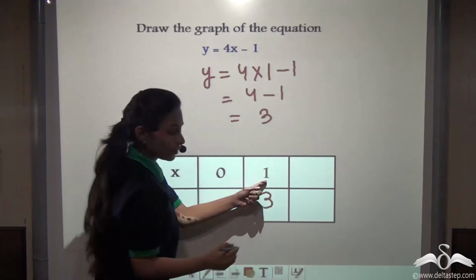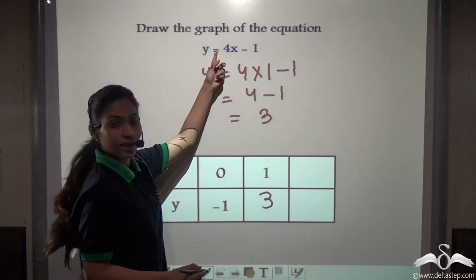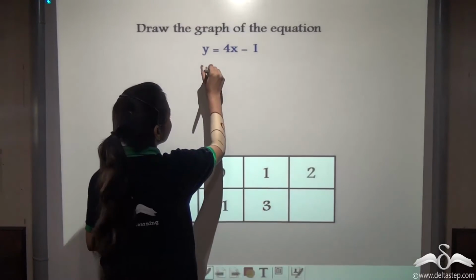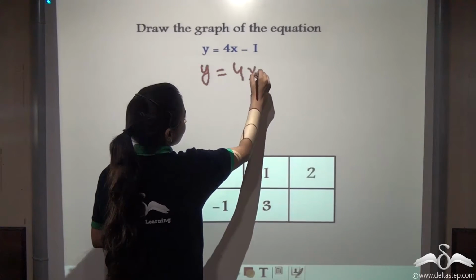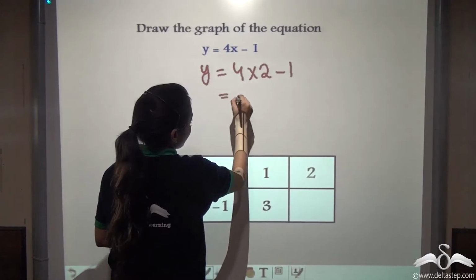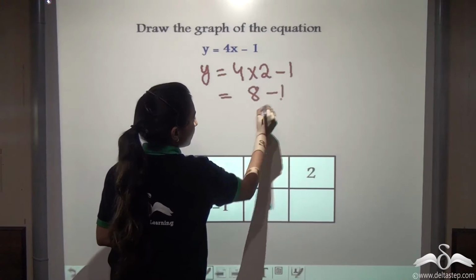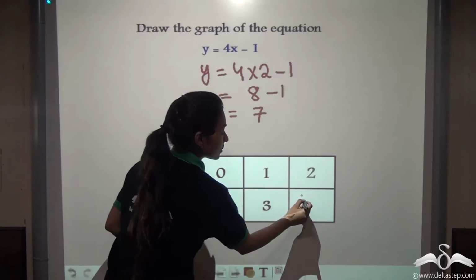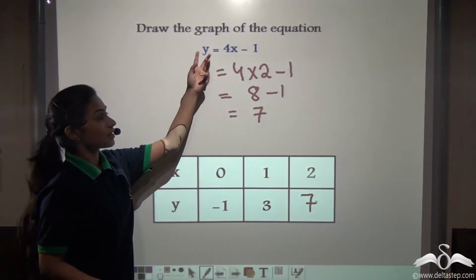So when x is 1, we get y as 3. Similarly, let's take 2. 4 into 2 is 8, minus 1 gives us 7. So when x is 2, you can take 7 as the y coordinate for this equation.